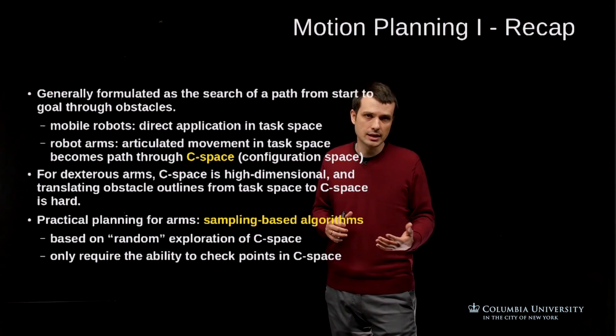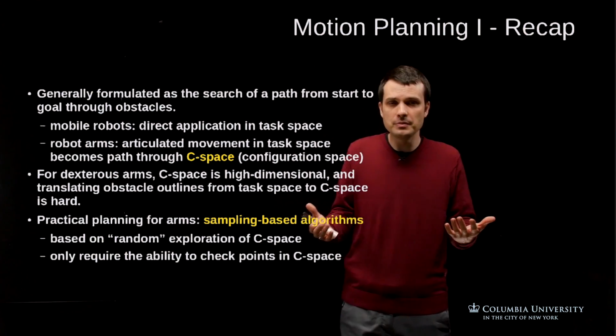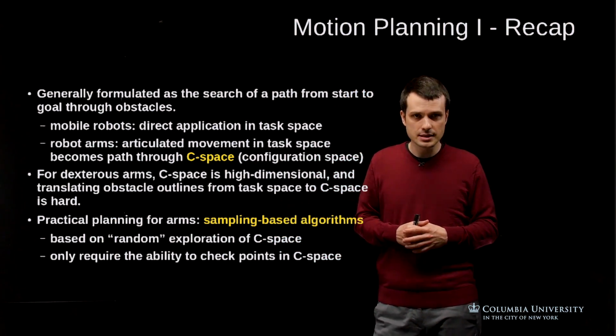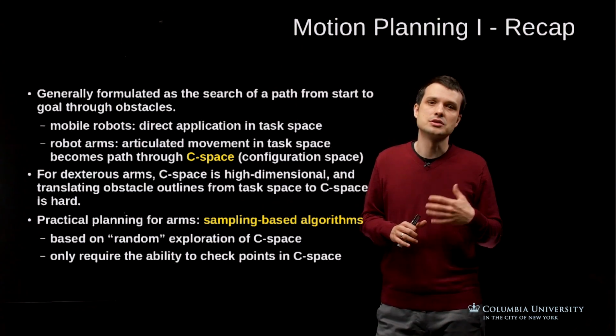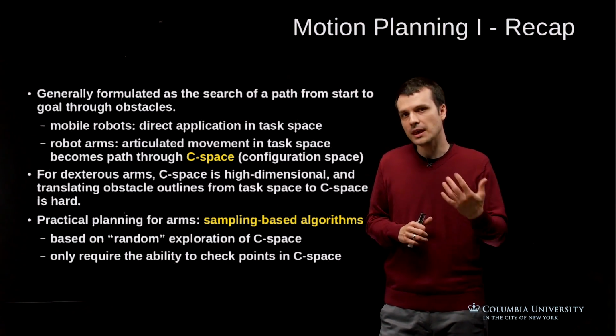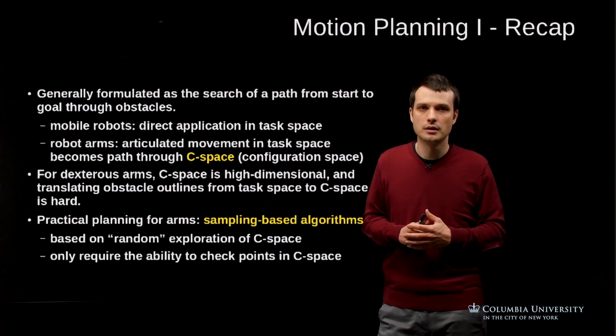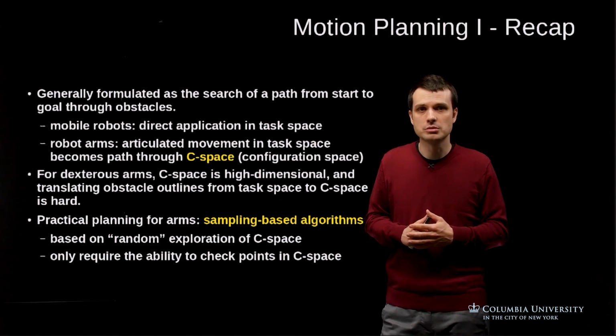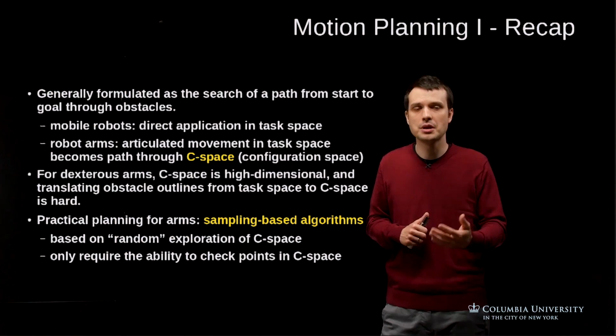At first look, it can seem that the random nature of it is going to be a problem, but it turns out in practice that this random exploration is extremely powerful, especially for high-dimensional robot arms. And we've looked at 2 examples of sampling-based motion planning algorithms, RRTs and PRMs.